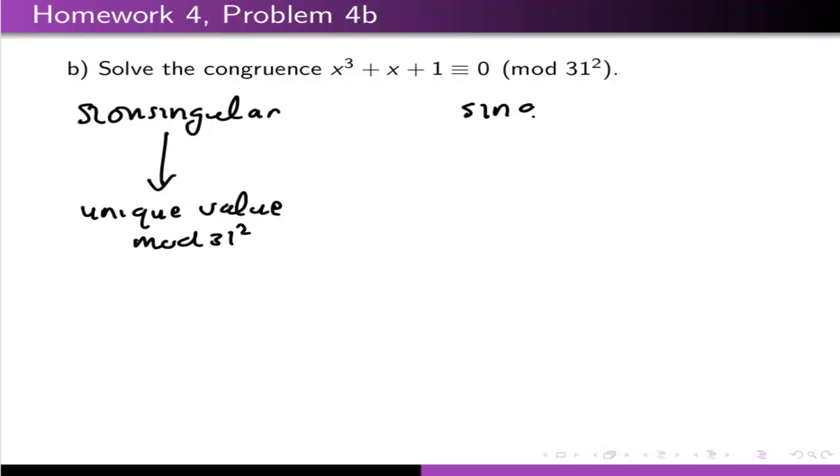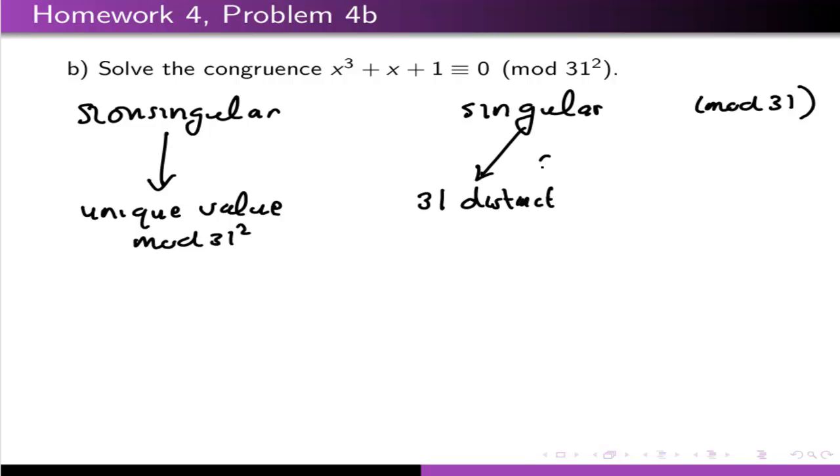And the other one is a singular solution, so this is the mod 31 level. And that has two possibilities. It'll either lift to 31 distinct solutions, or it'll have no lifting. And you'll have to figure out which one of these two.